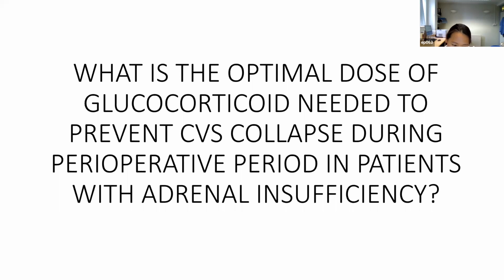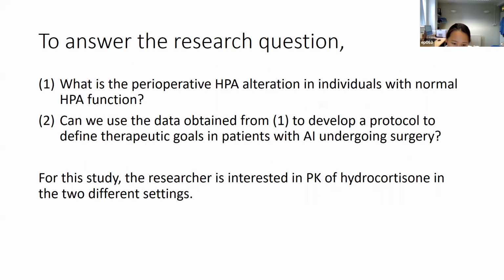So they want to know the optimal dose, and what they want to do in this study, to answer the research question, is first of all, they want to determine the perioperative hypothalamic pituitary adrenal alteration in individuals with normal function, meaning normal axis function. The second question is, based on the data derived from question one, can we develop a protocol which is much more physiological to prevent a cardiovascular collapse in patients with adrenal insufficiency undergoing surgery.